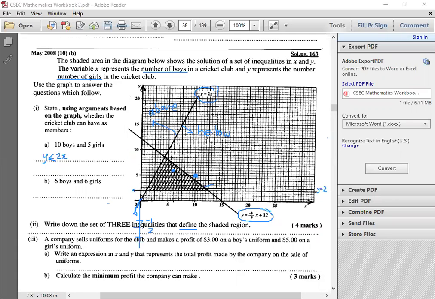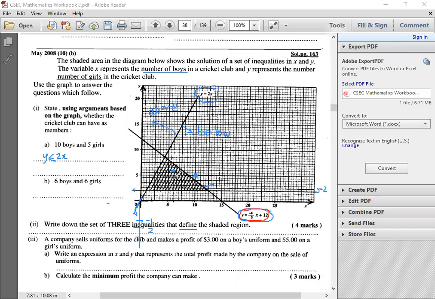right? And this is below the line, right? Clear? All right. So look at this line now.